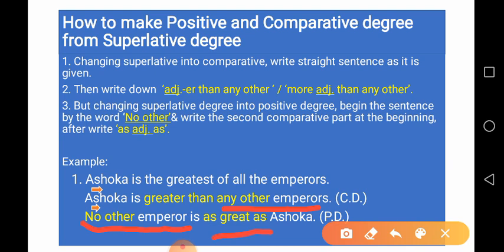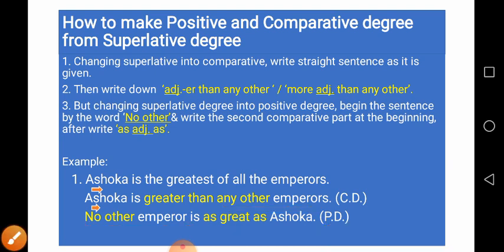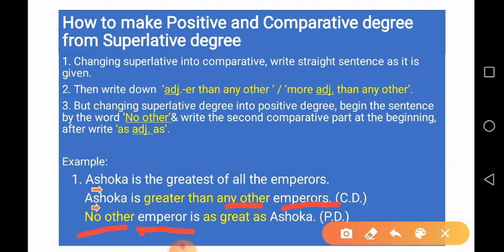What have we done here? See, what have we used first? No other, instead of any other, and then the second comparative object, that is emperor. Then the verb, and the adjective is written.